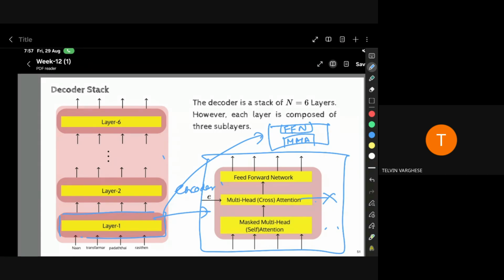I'll do masked multi-head attention, then masked multi-head cross attention. In cross attention, layer one of the encoder is connected with layer one of the decoder. Similarly, layer two of the encoder is connected with layer two of the decoder. Each time they share the information, and you have to do it for some number of layers.